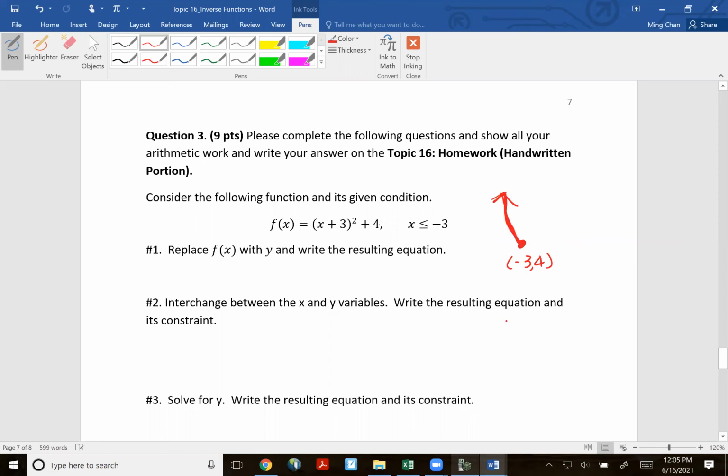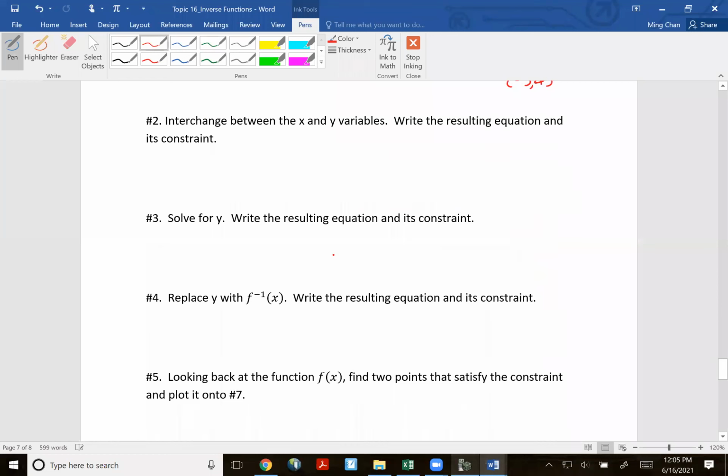Now follow the steps, just like I showed you. Write the constraints. The constraints here must be turned into y is less than or equal to 3, because the constraints will tell you, when you get to step number 3, whether you are going to pick the +1 or the -1 of the square root.